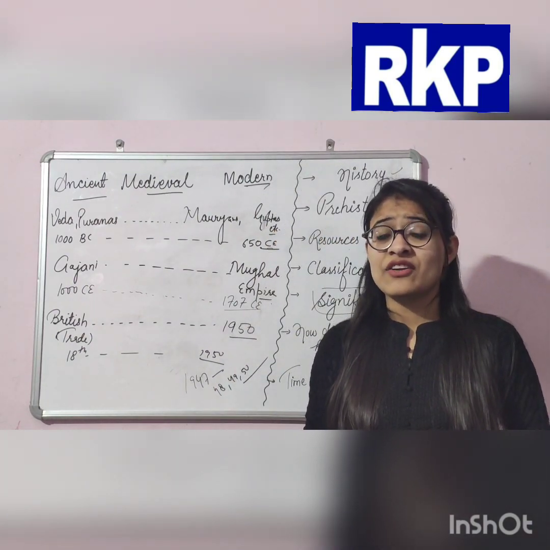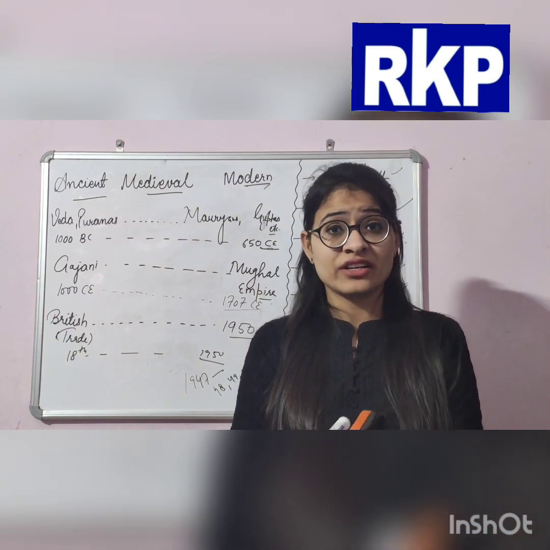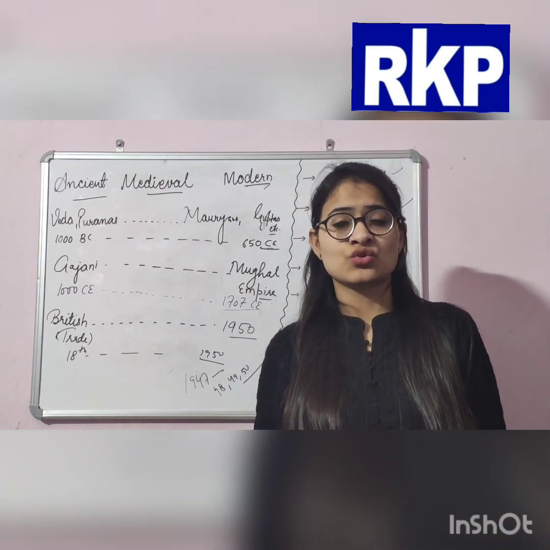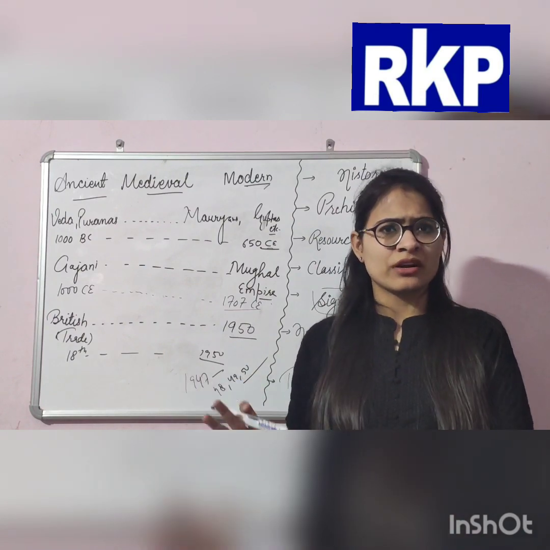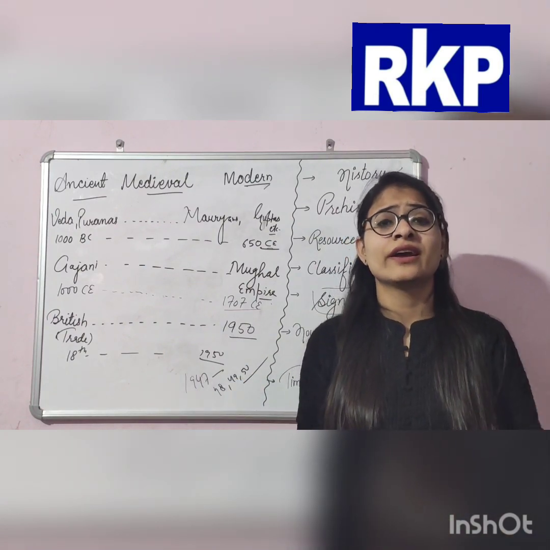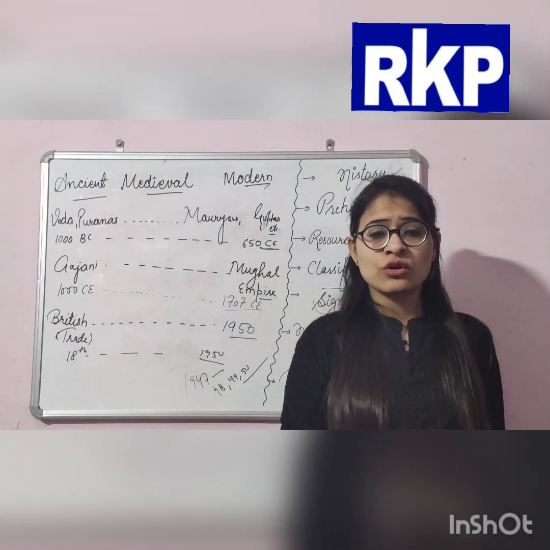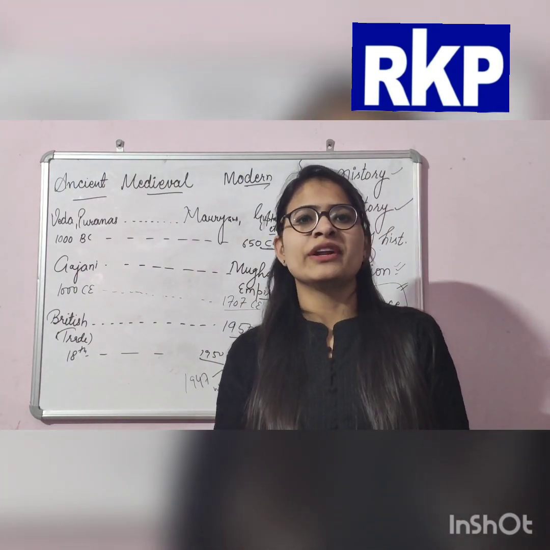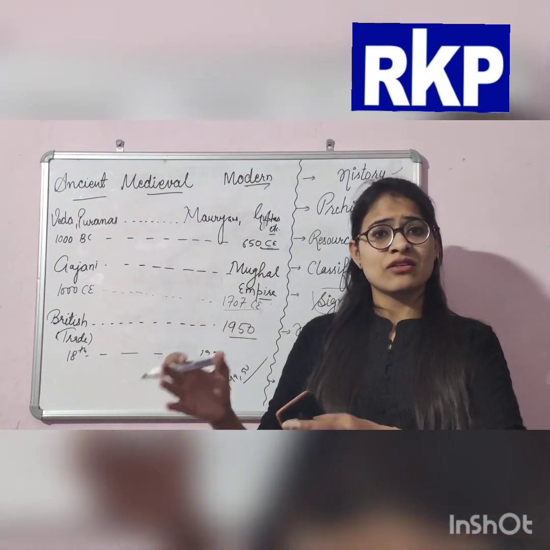But after getting freedom, what are the required factors for a country to become a developing or developed country? How will it happen? Obviously, if we have a constitution and a government, only then can that country be governed.